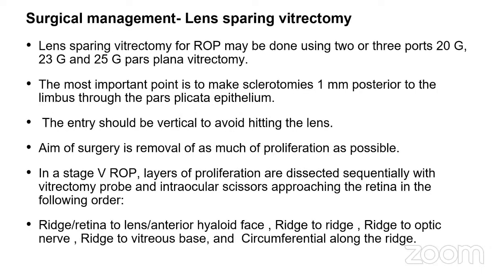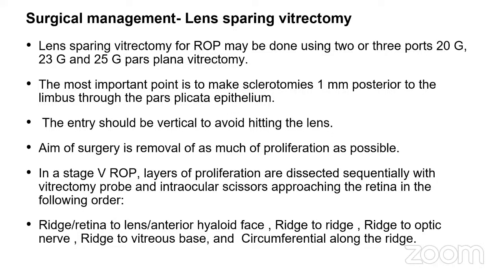Coming to surgical management. As I said, lens sparing vitrectomy for ROP is done using 23, 25, or even 27 gauge vitrectomy. Sclerotomies are made 1 mm posterior to the limbus through the pars plicata. Entry is vertical to avoid hitting the lens. The aim of surgery is to remove as much proliferation as possible.